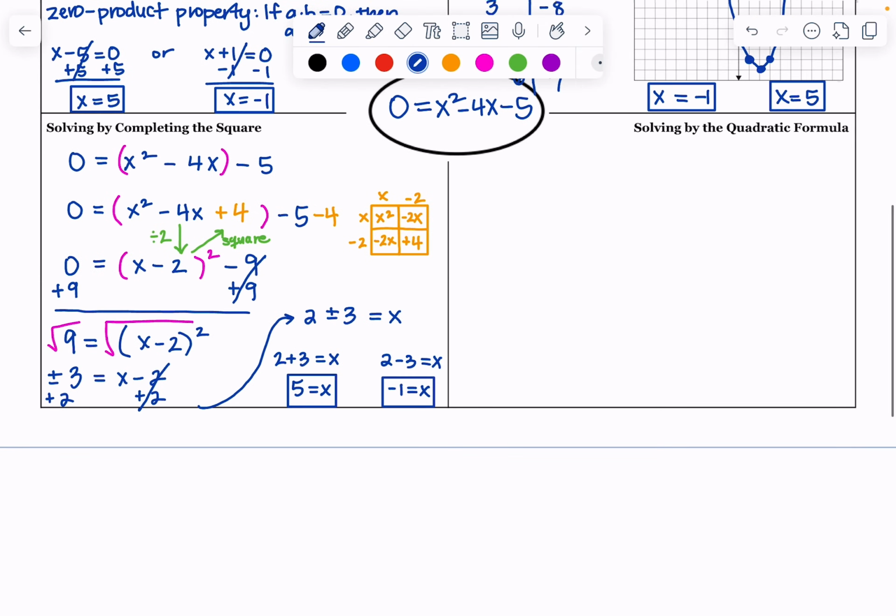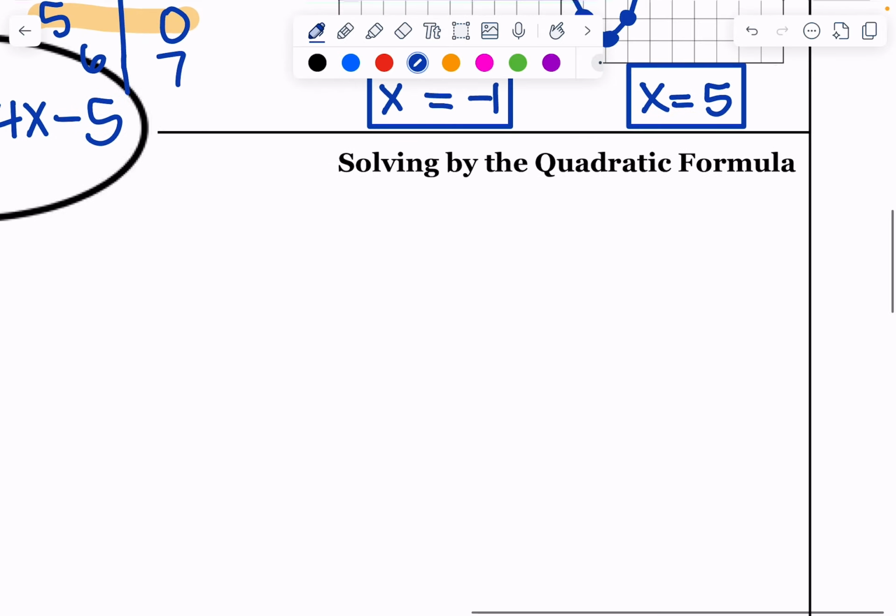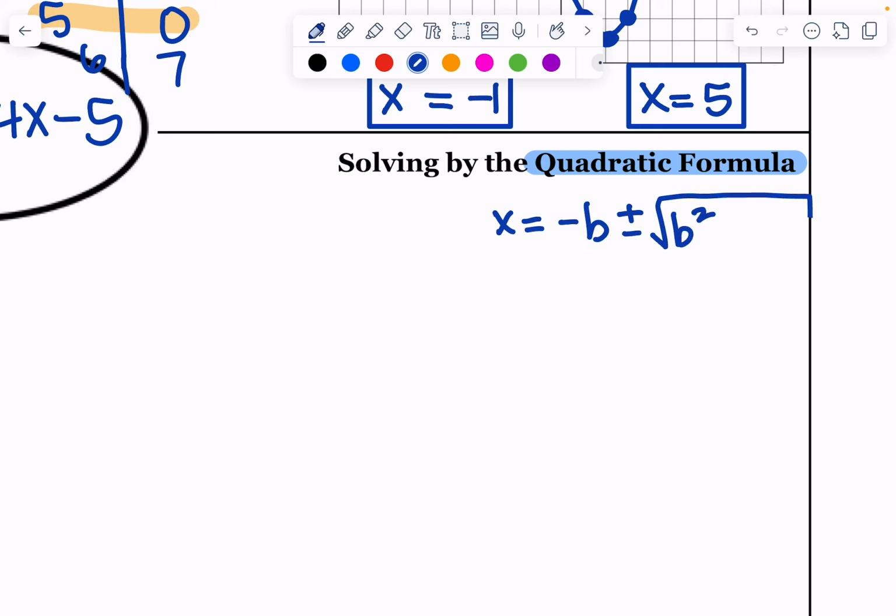Okay, the last method that we're going to use in this video is solving by the quadratic formula. The first thing that we need to do is write down what the quadratic formula is. It is something that you just memorize, but it is x equals negative b plus or minus the square root of b squared minus 4ac all over 2a.